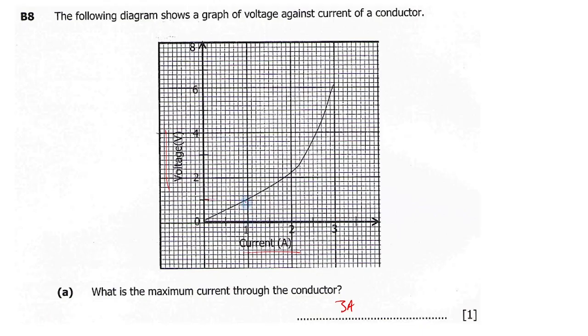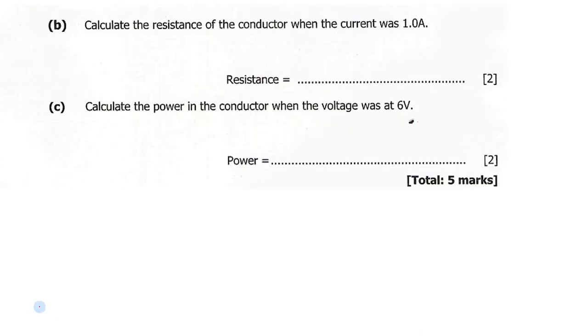When current is 1, the voltage is 1 also. So resistance is equal to voltage over current. Voltage is 1, current is 1, so resistance is 1 ohm.